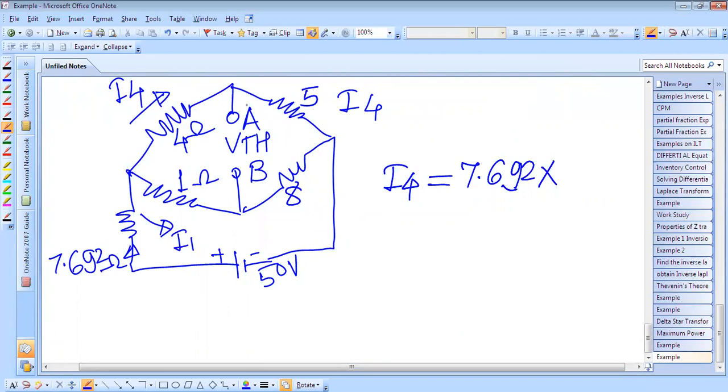So I have to find the current flowing through this, therefore opposite branch resistance, that is 1 plus 8, divided by the resistance of opposite branch plus the self branch.